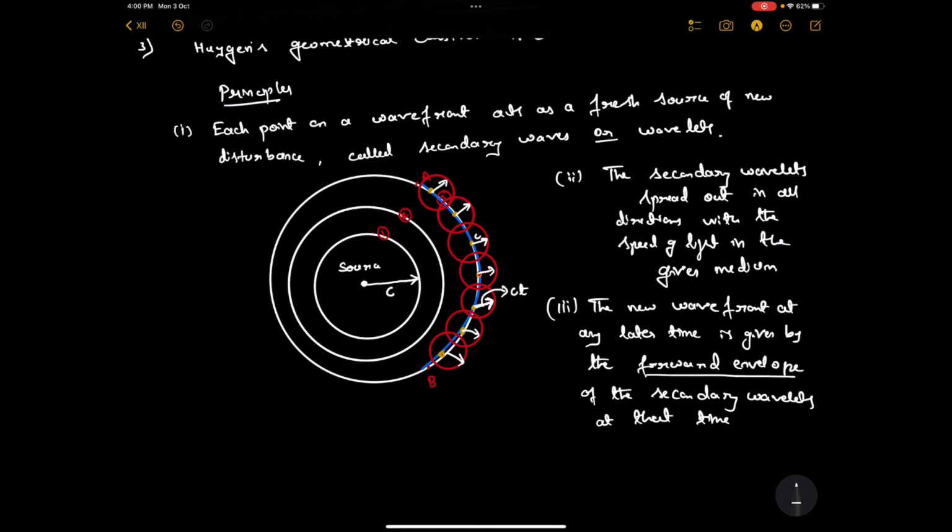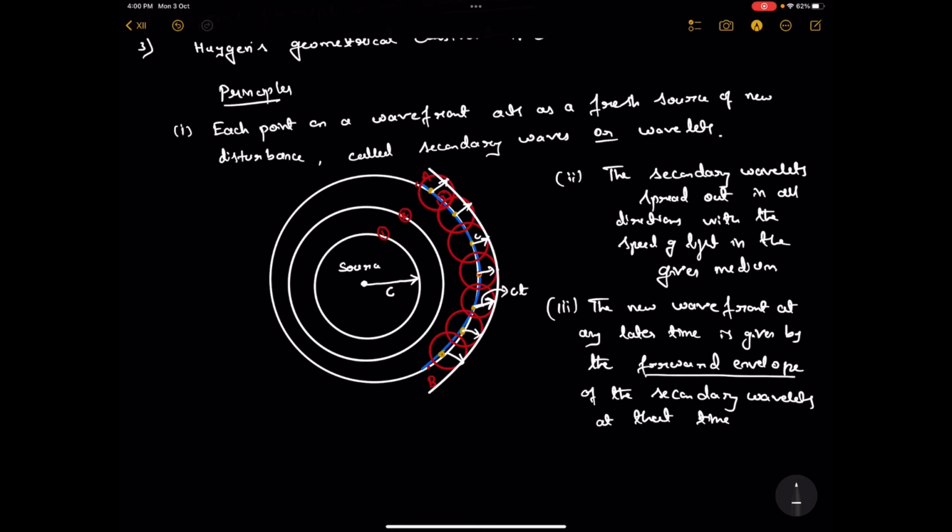So for this forward envelope, I will take each point here and draw tangents to them, a tangential surface. I'm going on drawing the tangential surface on them, so I will get one forward envelope.